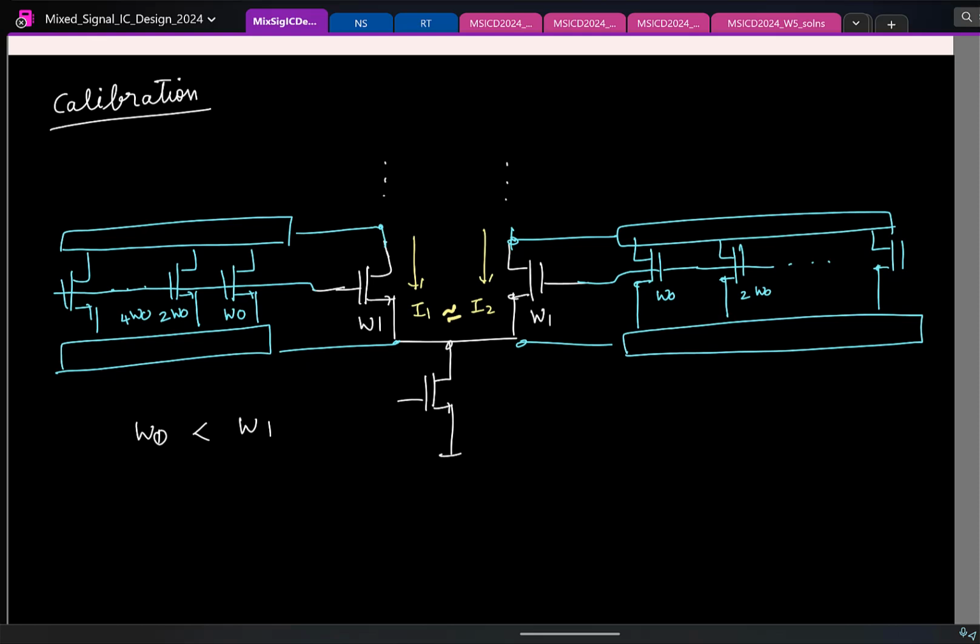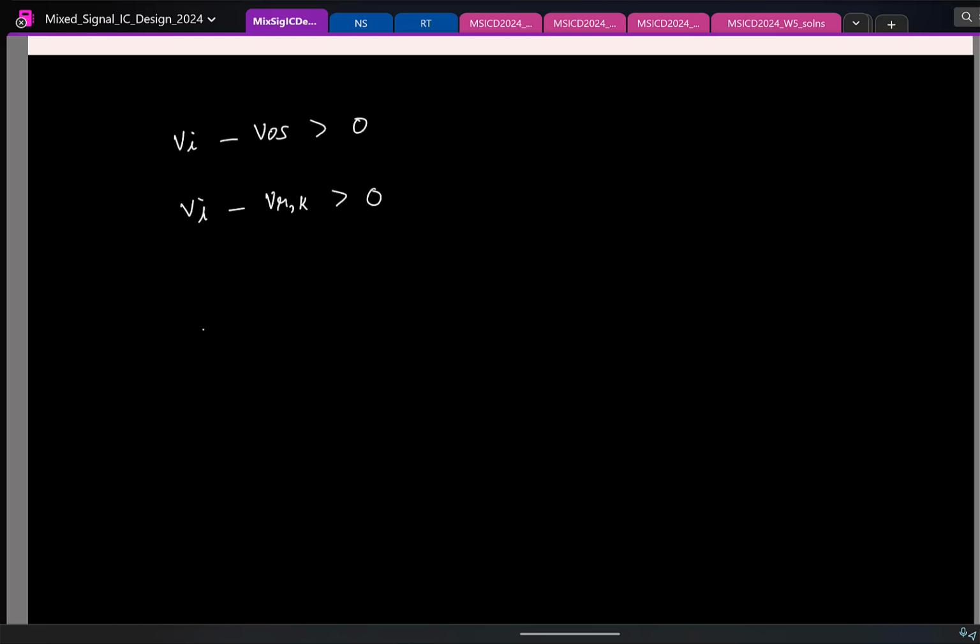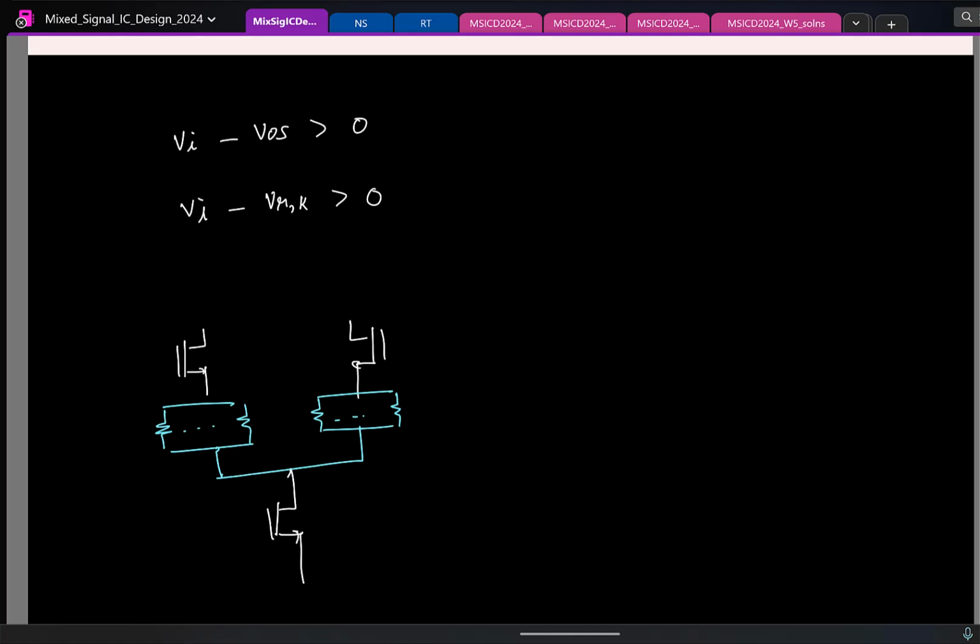Another technique to introduce offset is this. Again, the idea is to change the currents. You can put a bunch of resistors at the source and connect an appropriate number of them in parallel to change the currents. I'm sure you would have seen this by this time: this is like a voltage controlled current source.